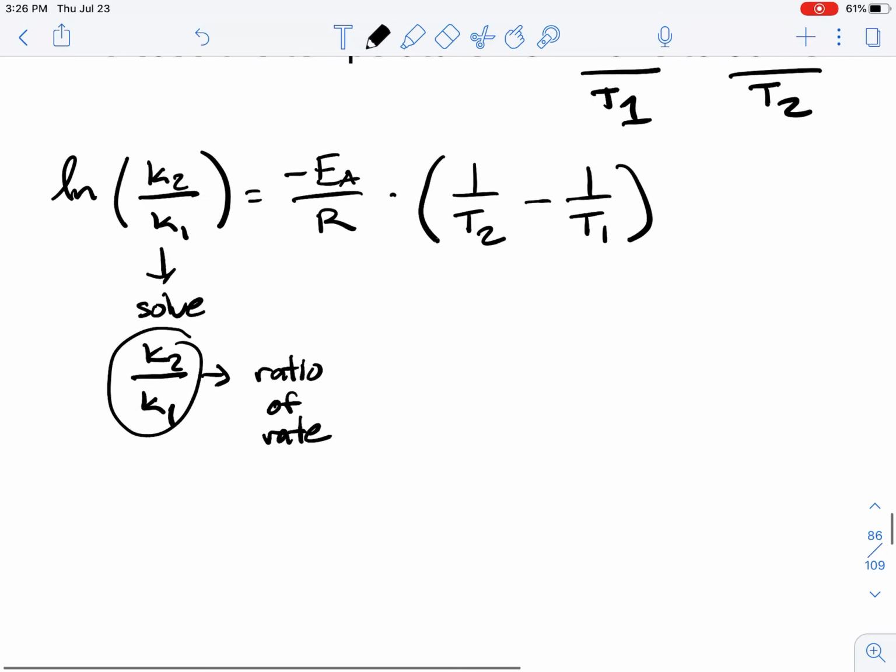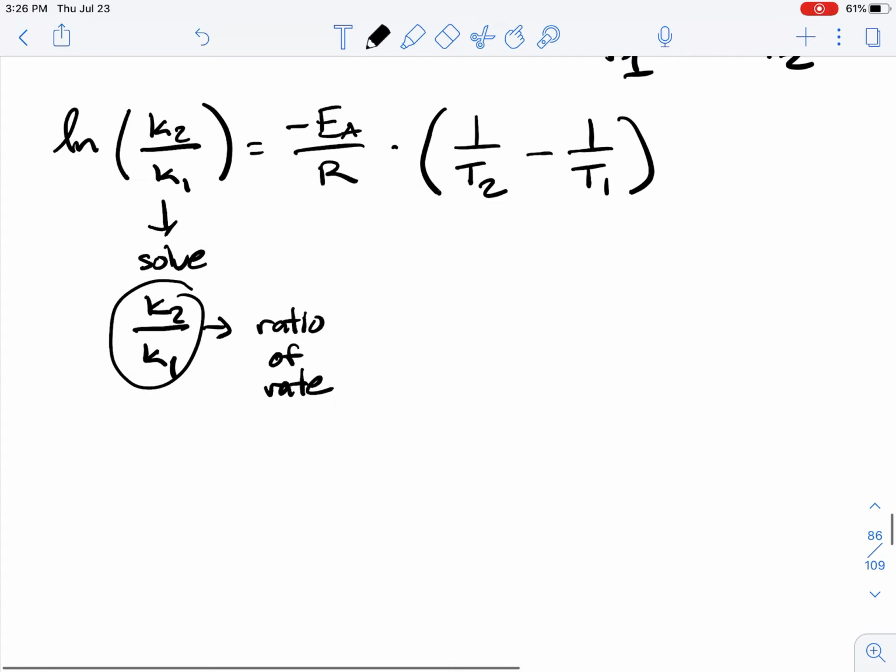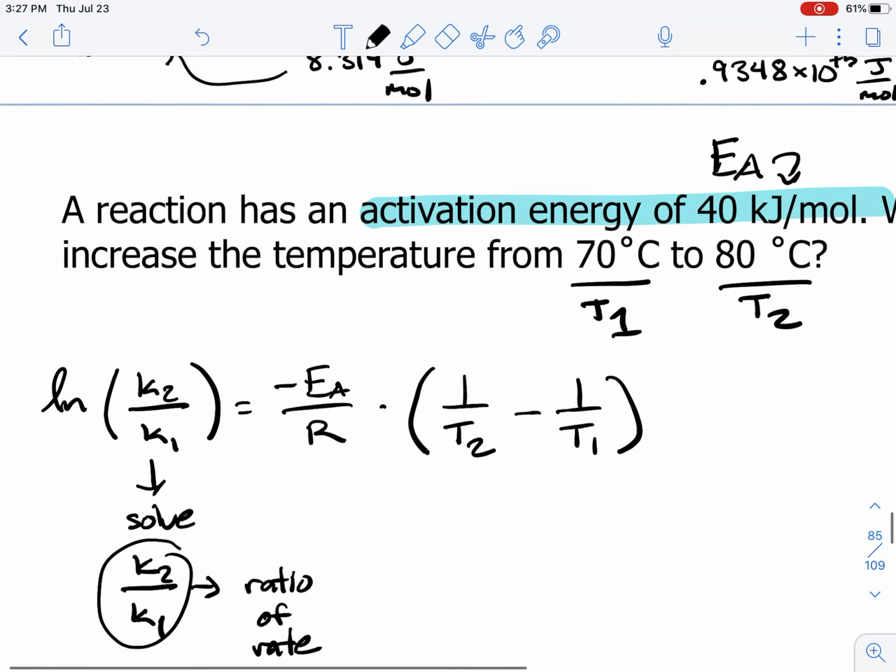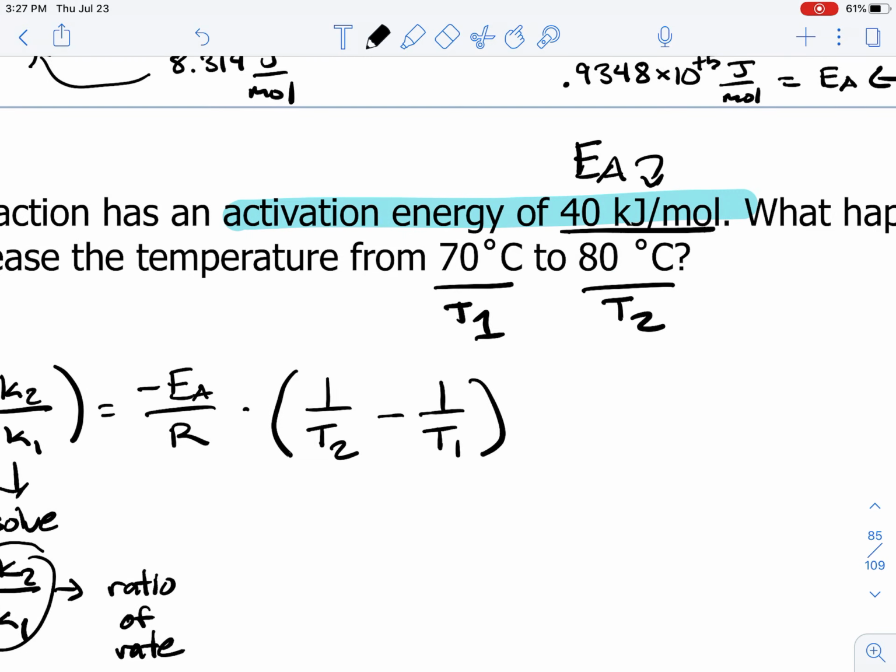All right, so let's go ahead and solve this problem. So here we have the natural log of K2 over K1. And so we have negative EA. And so notice that the EA is 40 kilojoules per mole. So there's a problem with this, and the problem is that it's expressed in kilo.